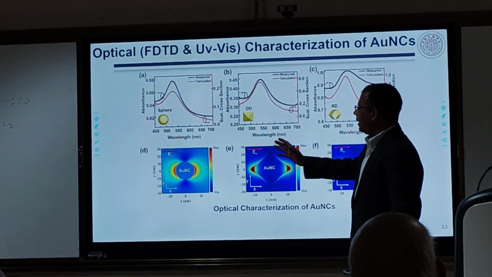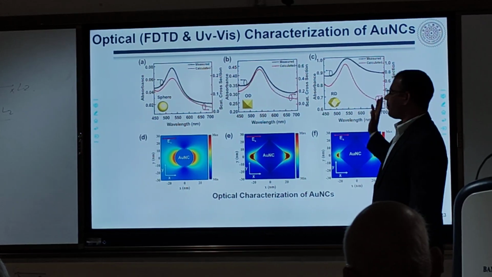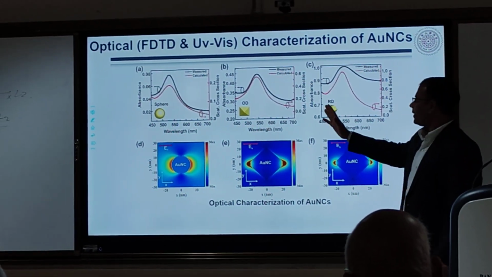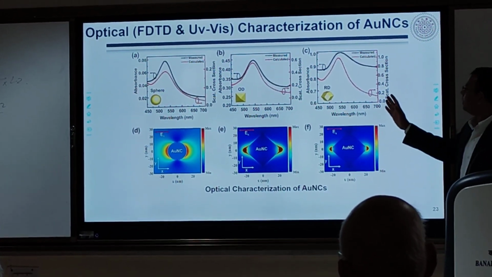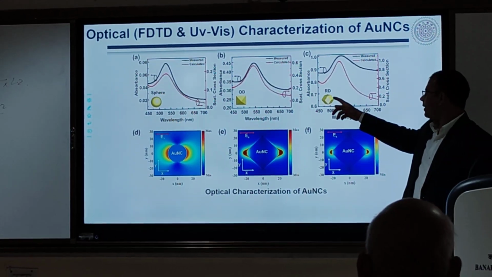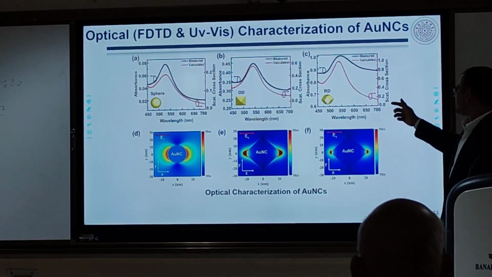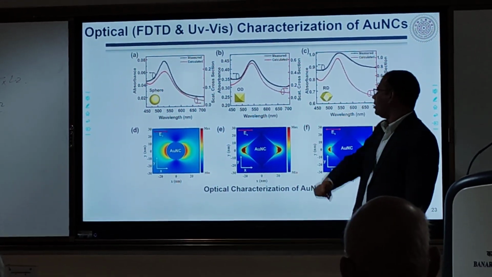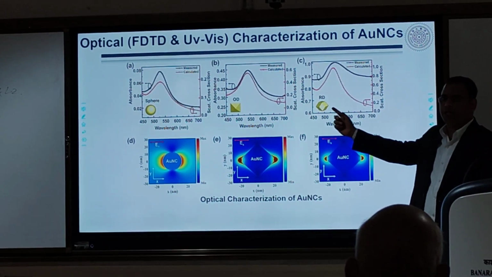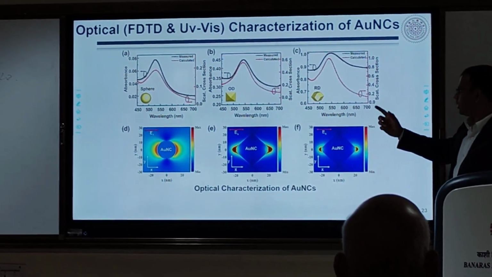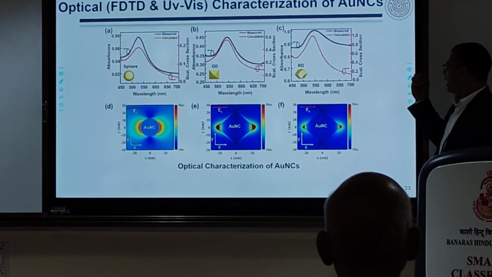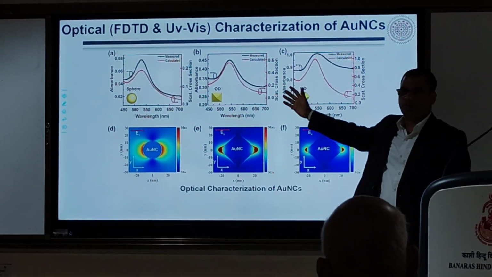When we compare all three kinds of nanoparticles, we observe that RD has the highest absorbance and scattering cross section compared to the other two, because it has a large number of edges which take part in confining more light, which gives a high scattering cross section and absorbance.